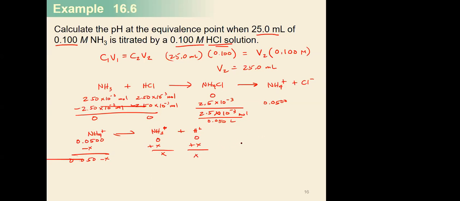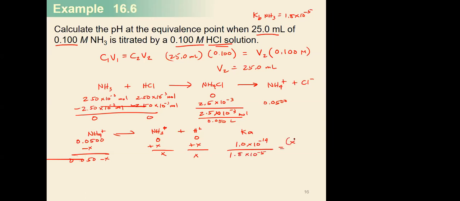And then from this, what do we have, Ka or Kb? Ka. Now, usually the one that will be given to you is the Kb of NH3, which is 1.8 times 10 to the negative 5. So to get the Ka, 1.0 times 10 to the negative 14 divided by 1.8 times 10 to the negative 5.